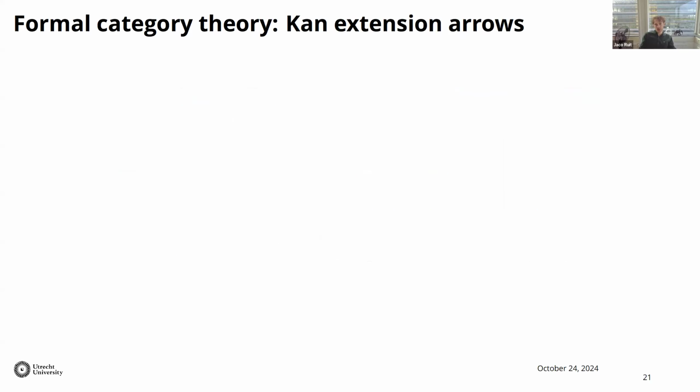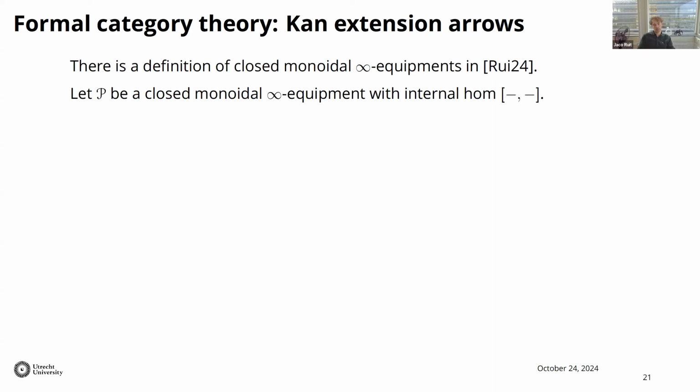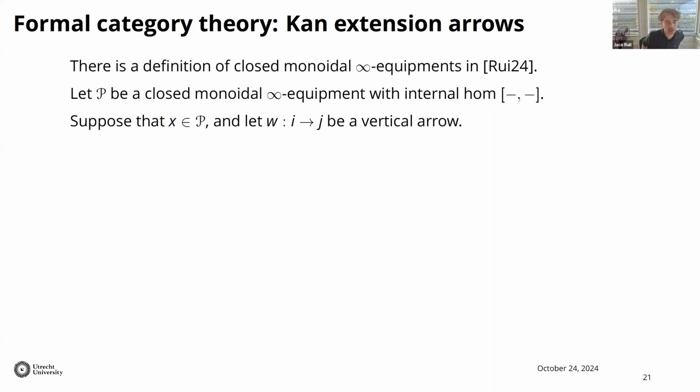Now you have the definition of Kan extensions. One thing that you can make sense of is a closed monoidal infinity equipment. I will not precisely say what this means, but if you have such a closed monoidal infinity equipment, you in particular have some internal hom. You can suppose that you're in the following situation.